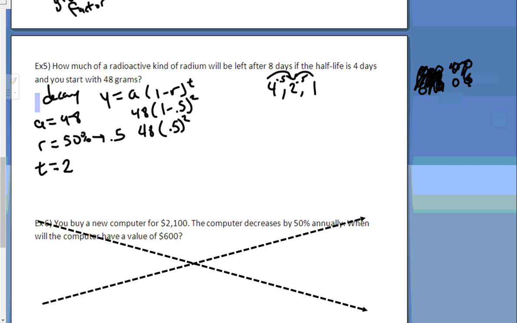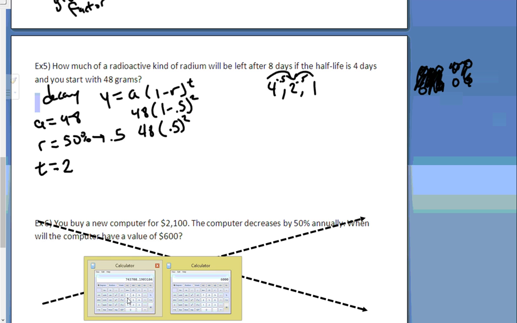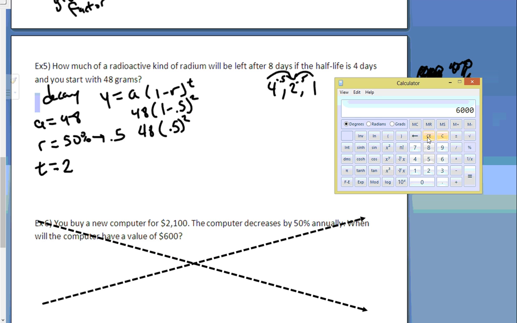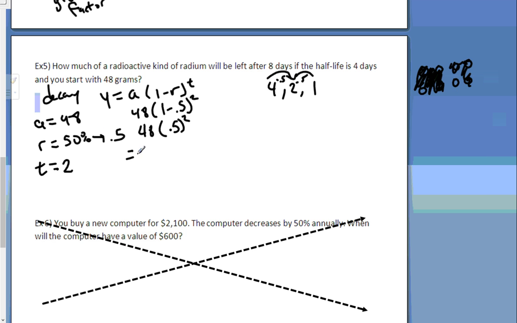So bust out your calculator, figure out what that is. 48 times 0.5 squared equals 12. What does that mean? Well, after 8 days, there will be 12 grams of this radium left.